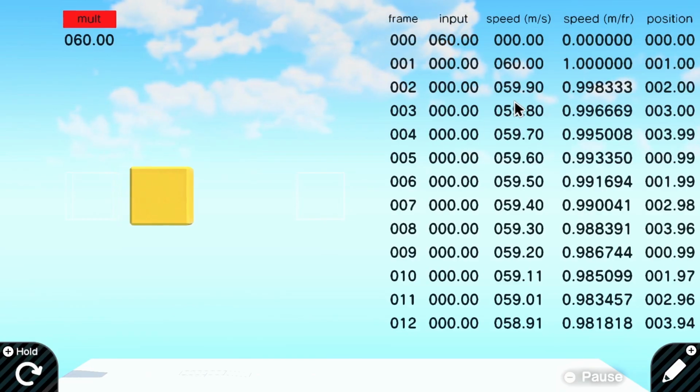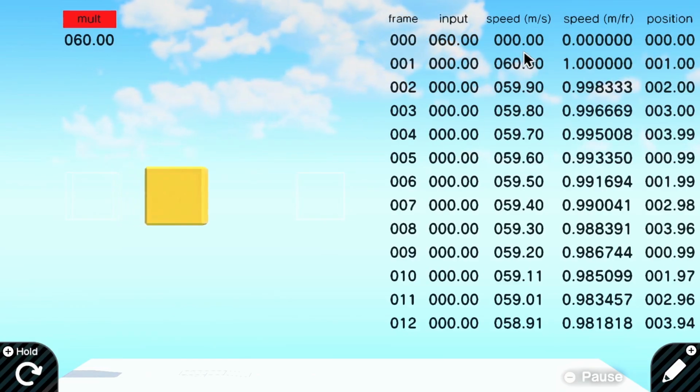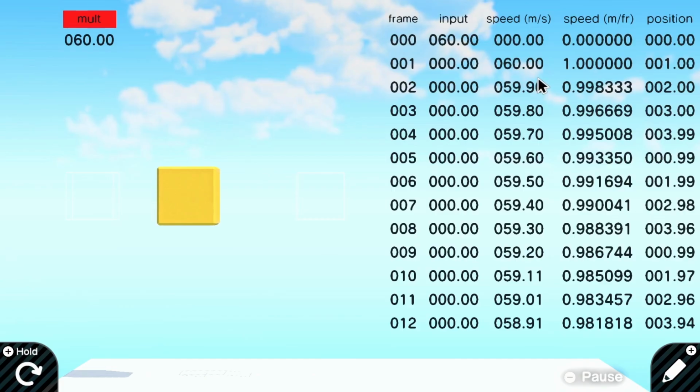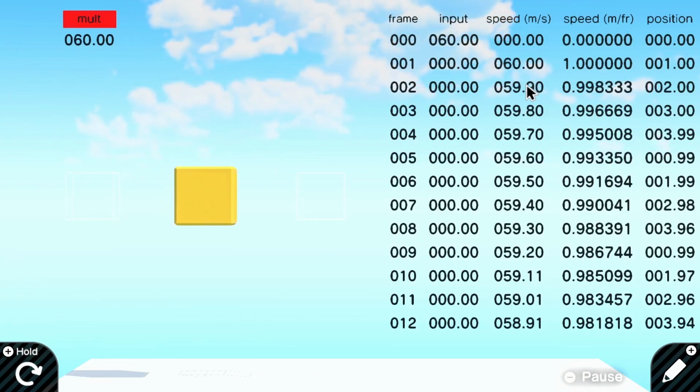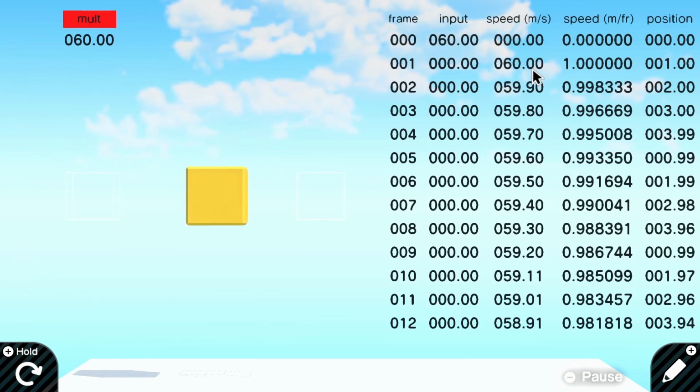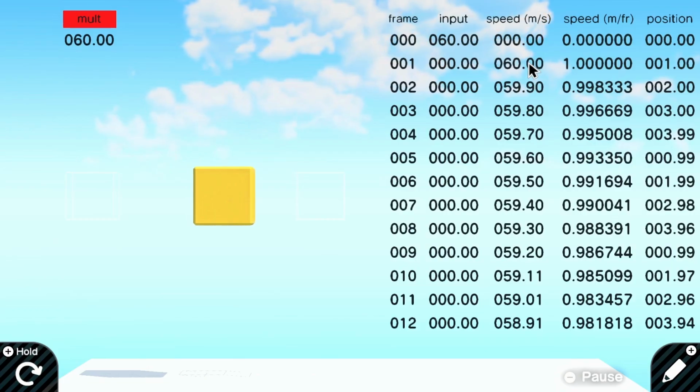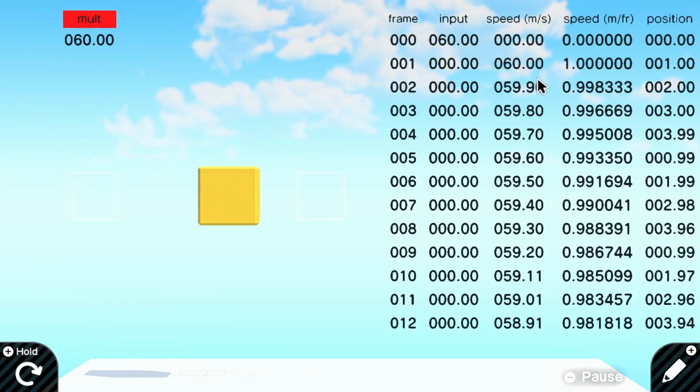So what do we mean by that? For example, if your current speed is 60 and you want to know how much you're going to slow down in the next frame, just take your current speed and divide that by 600. In this example, 60 over 600 is 0.1. That's the amount of speed that you're going to lose from this frame into the next.